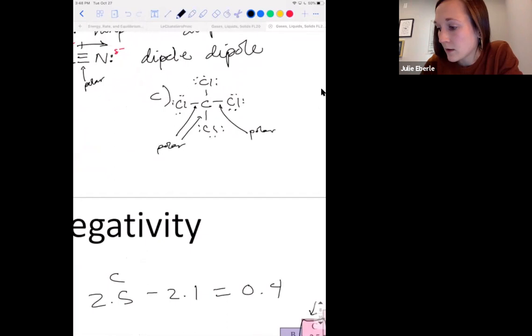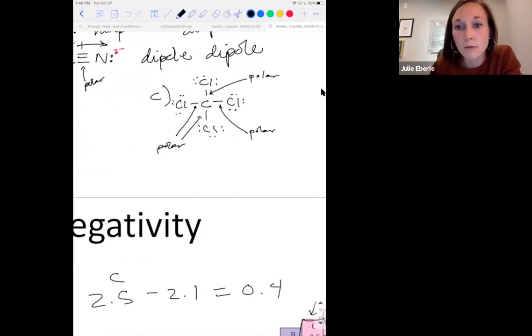Right? This one's polar. But is this molecule polar overall? Does it have a permanent dipole? What do y'all think? Any guesses?